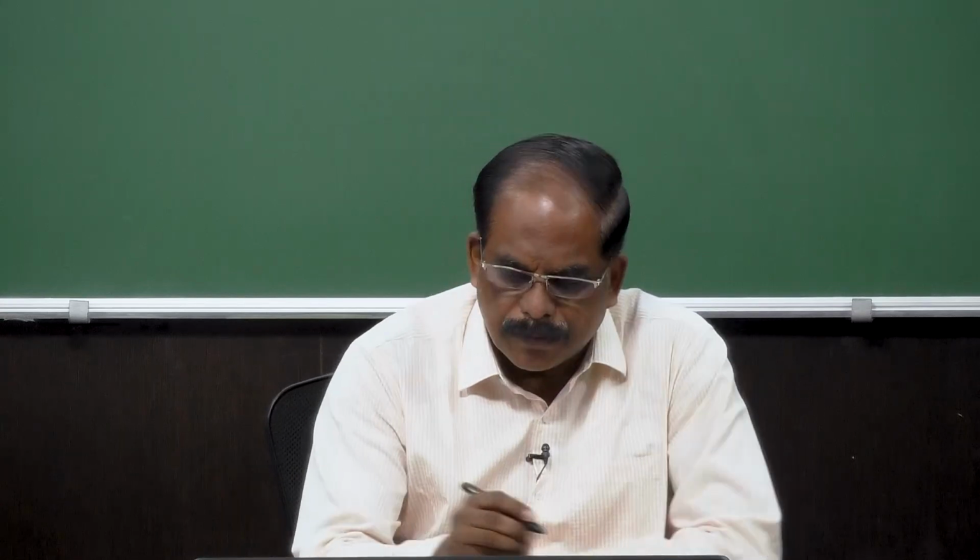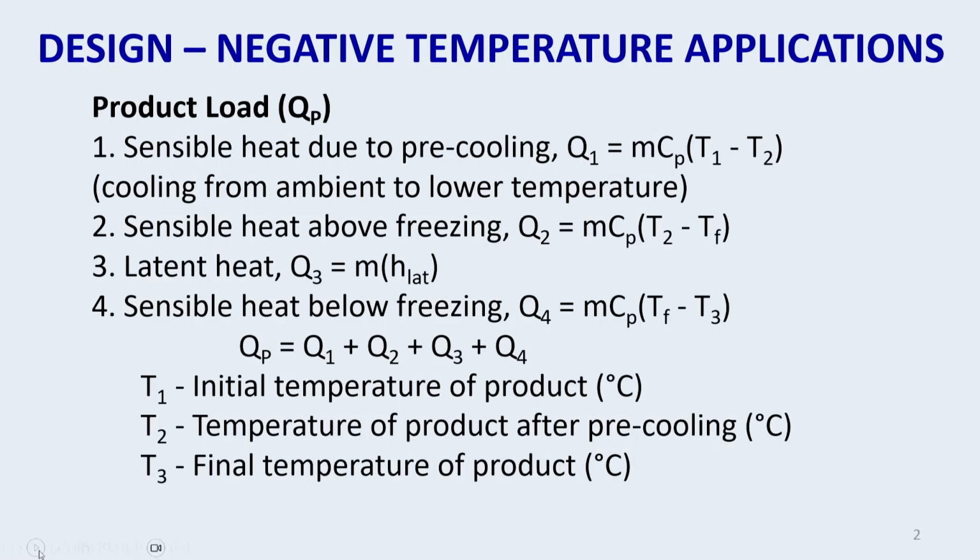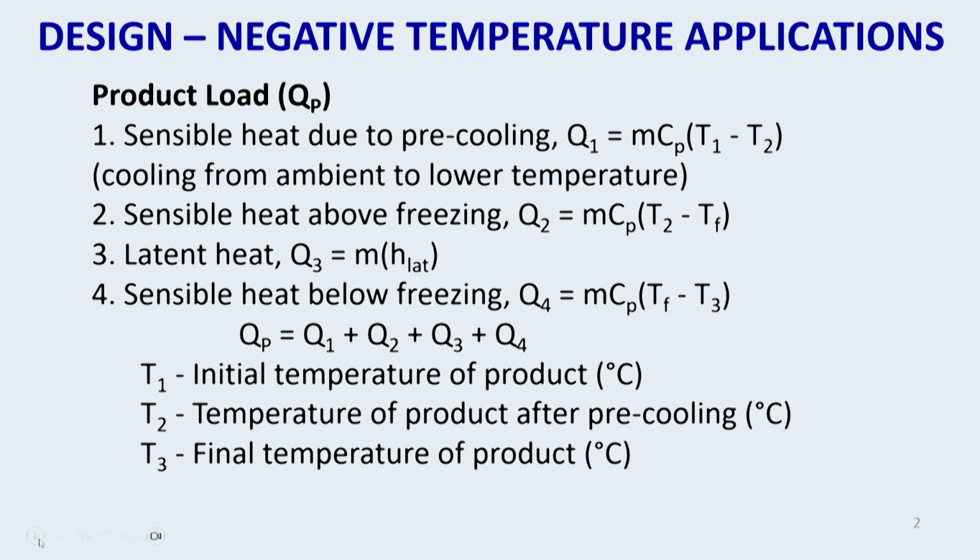Then what is the additional heat load that has been added here? Here Q1 refers to the sensible heat due to pre-cooling, that is cooling from ambient to a lower temperature. However, this lower temperature will be above freezing. So it is m Cp (T1 minus T2).